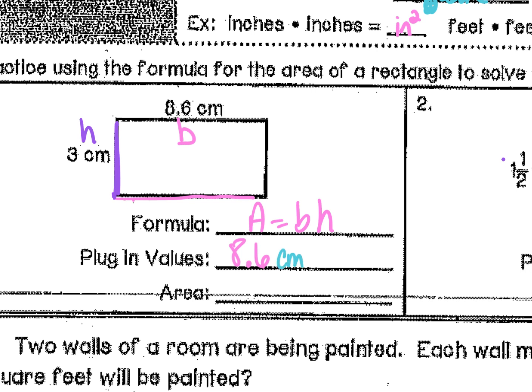Times, we don't usually write that in there, but I'm going to show you what's happening here. Times 3 centimeters. So we do 8.6 times 3, which is going to be 25.8. And because we did centimeters times centimeters, it gives us centimeters squared. That's where you're getting it from because you're in the second dimension there.